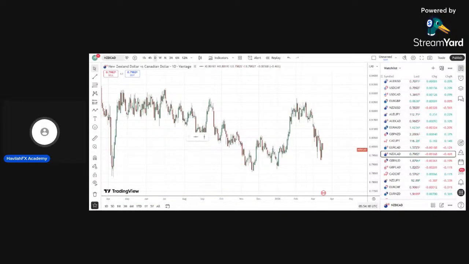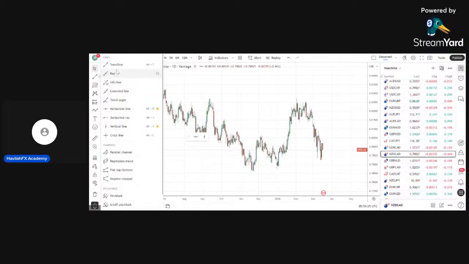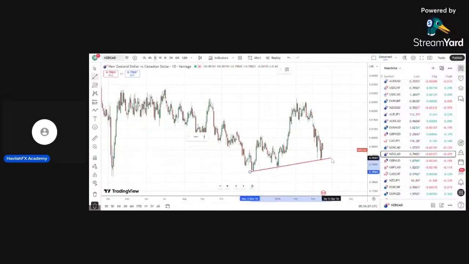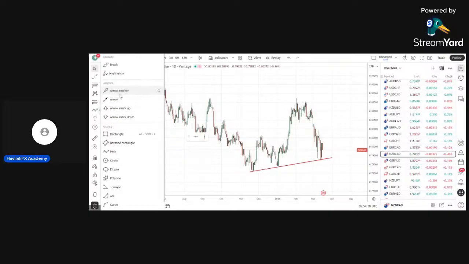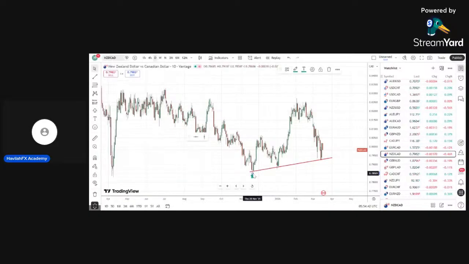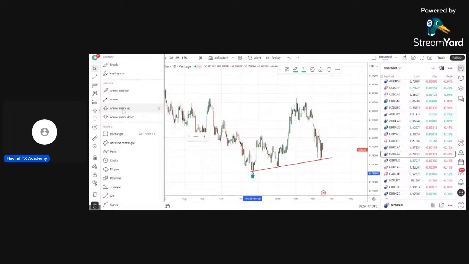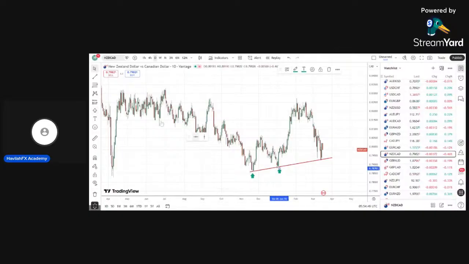Now on the daily time frame, I can clearly see that price closed last week in an overall uptrend. Price is making a series of higher lows. So we can see a higher low, a higher low, and a higher low.